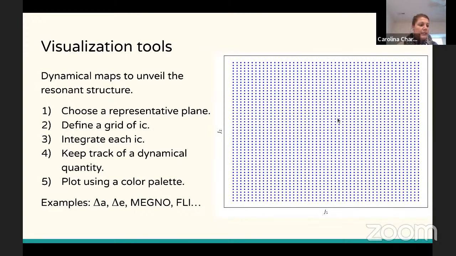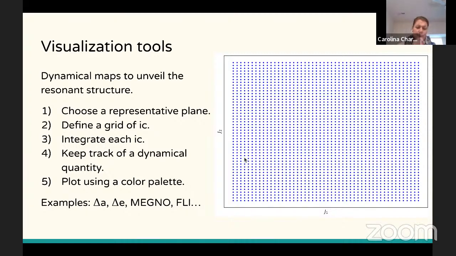So what we do is we choose a representative plane that normally we can do by choosing the actions of the system, let's say J1 and J2. So we generate a grid that will be our initial conditions, and we integrate each of these points over at least one orbital period of the slowest angle in the system.